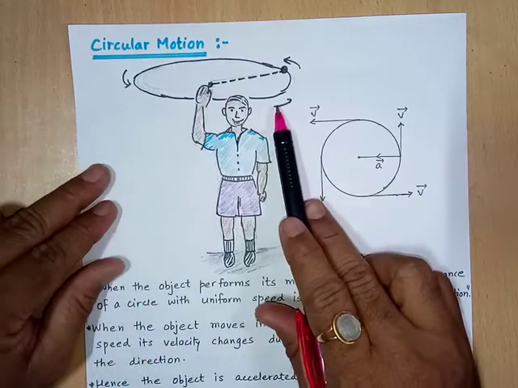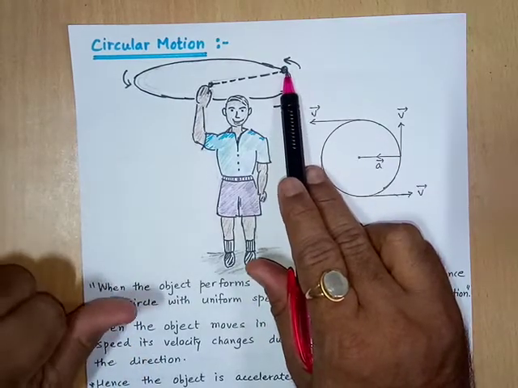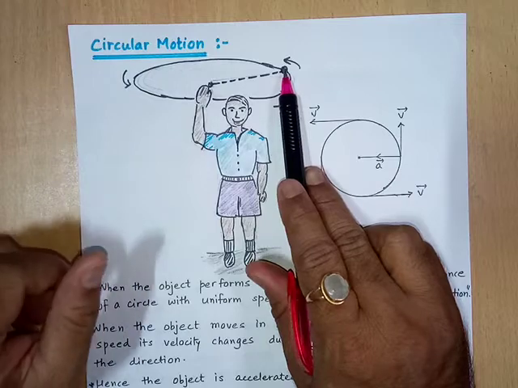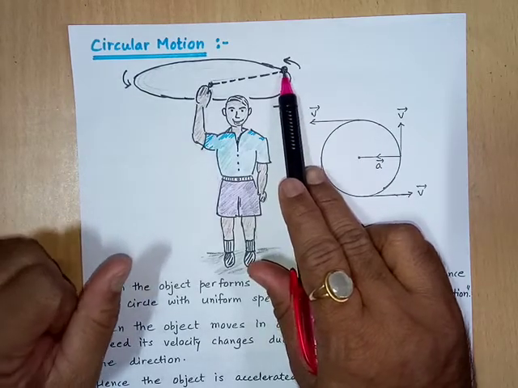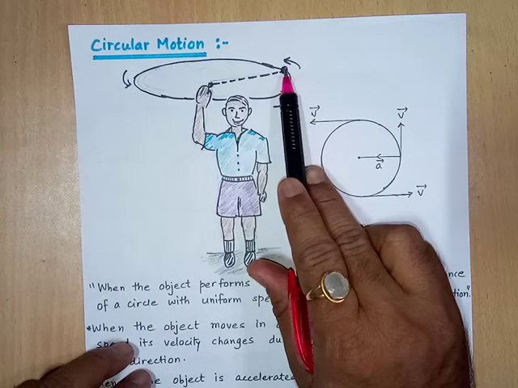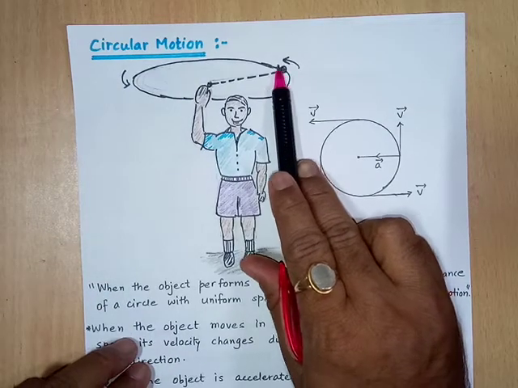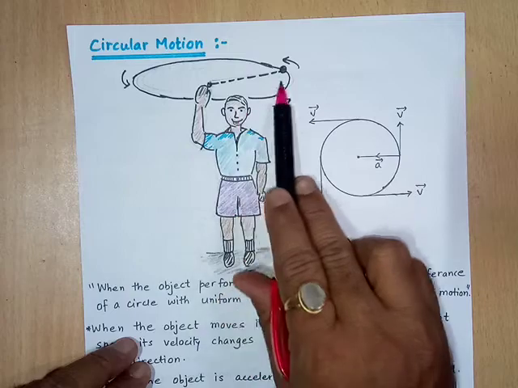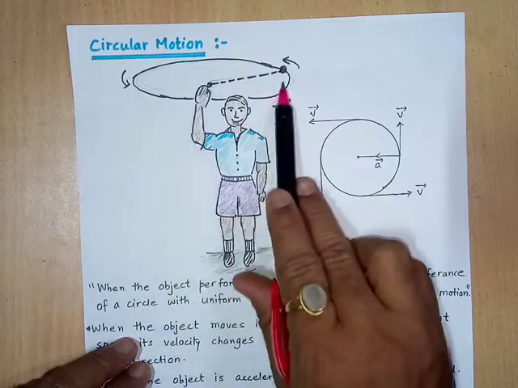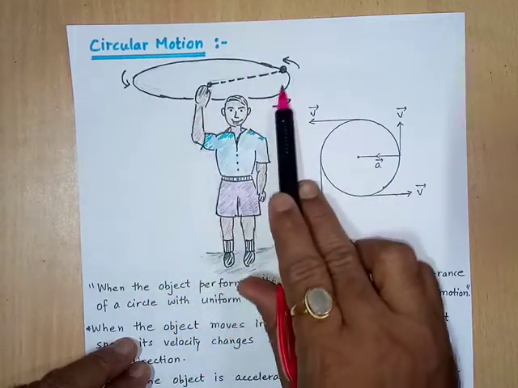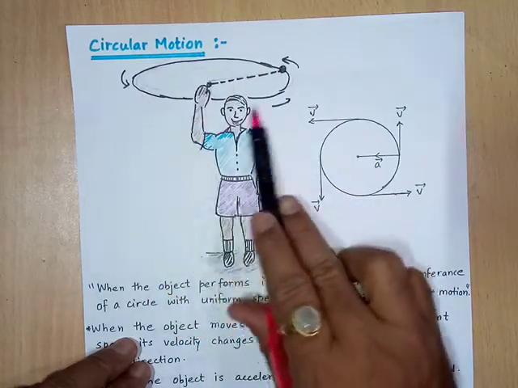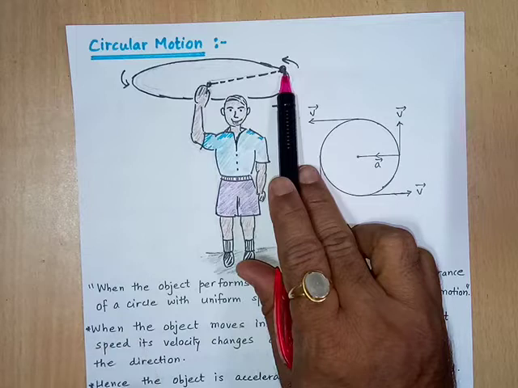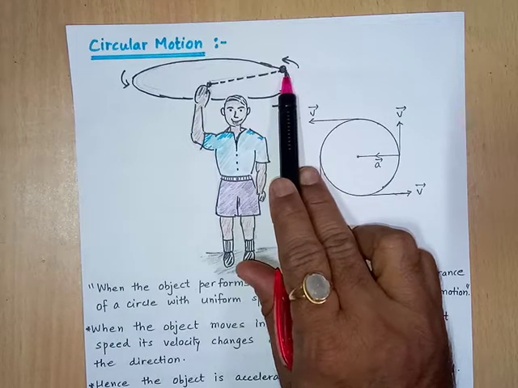So the object is in motion, but the object is not performing its motion in a straight line. The object is not performing a rectilinear motion, but now this time the object performs its motion along the circumference of this circle. If you trace the path of the motion of the stone, then you will see that the path, the stone whirling around this string, is along the circumference of the circle.